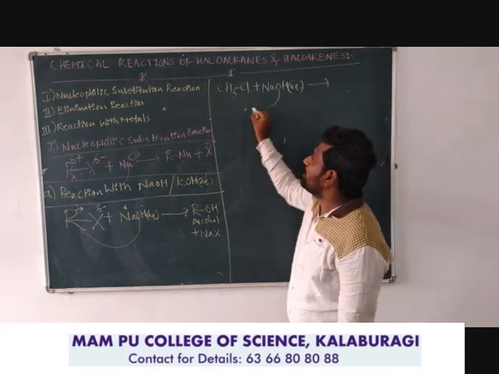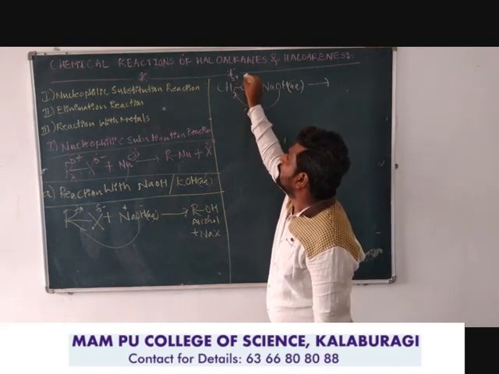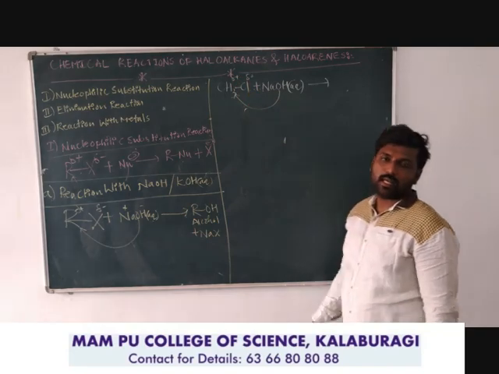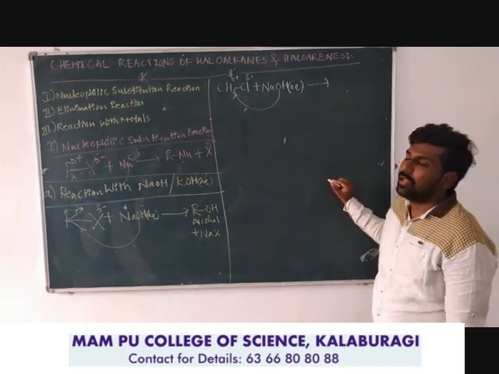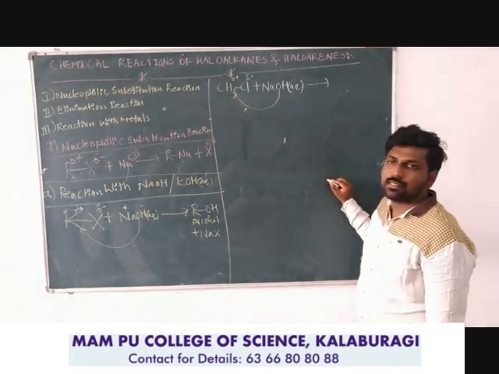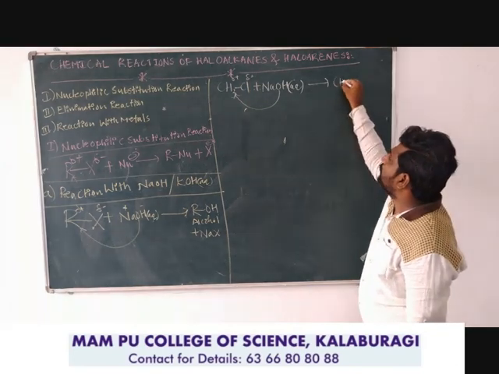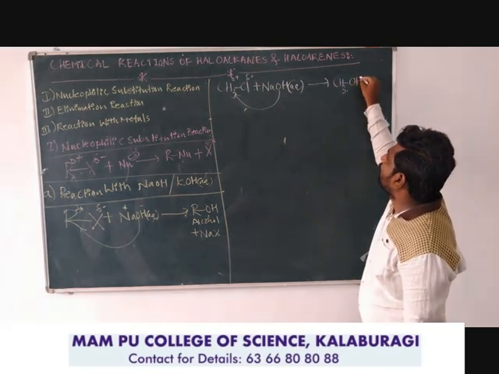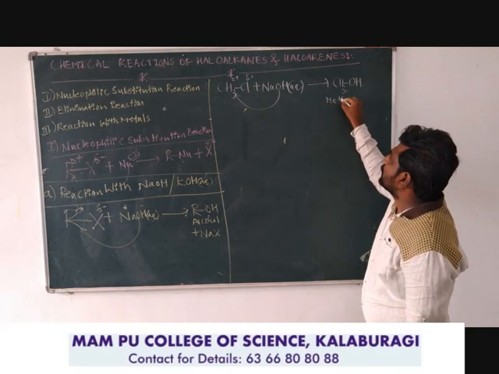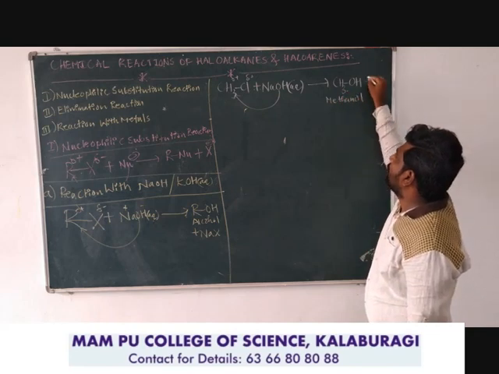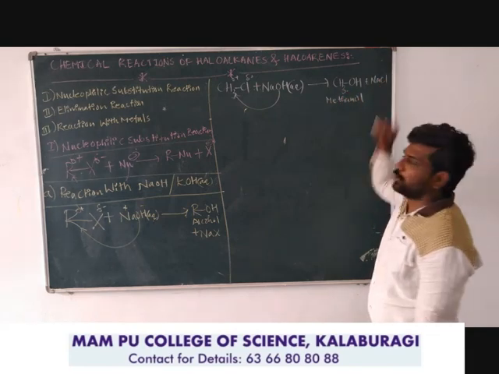The OH attacks the partially positively charged carbon atom of the methyl group, and the chlorine atom is replaced by the OH, and we get CH3OH, that is methanol, plus NaCl as the byproduct.